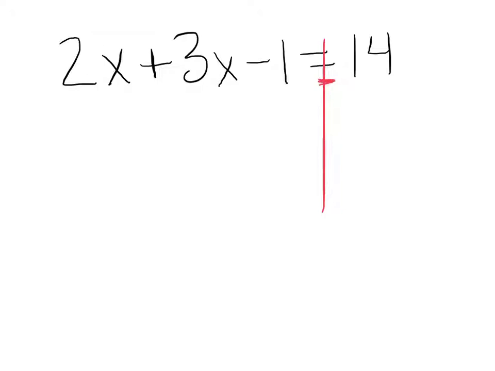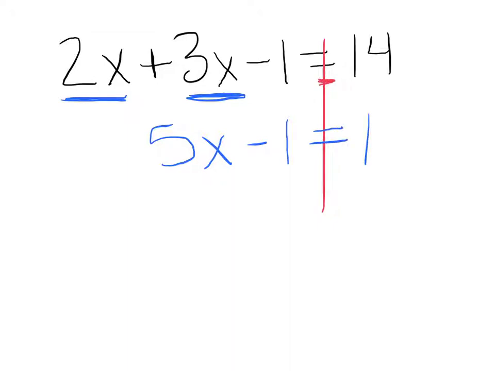On this one side of the equation, we have 2 x's and 3 x's. So altogether on that side, we have 5 x's. Now, I see -1. I don't have any other numbers I can combine with -1, so that's just going to say -1 equals, and again, I just have 14 over here, so equals 14.